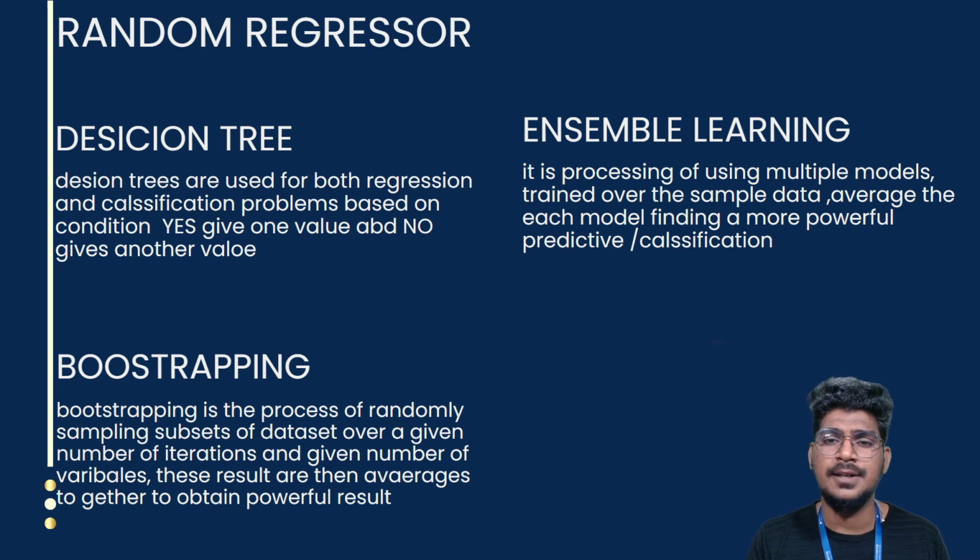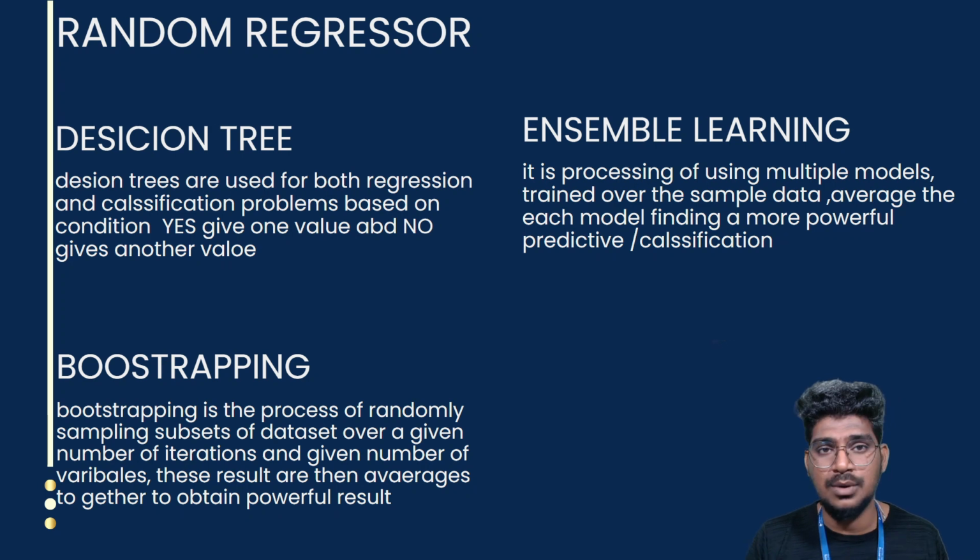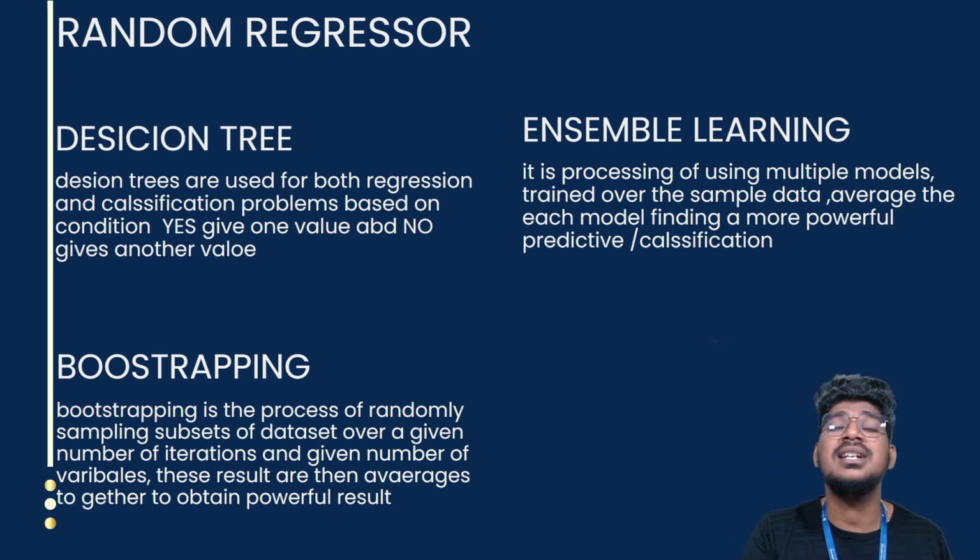What is ensemble learning? Ensemble learning is a process of using multiple models to train over the sample data. When you are using random forest regression, we select multiple decision trees. Those multiple decision trees give prediction values. Based on those prediction values, we apply an average calculation, and that average calculation gives the result, the prediction.